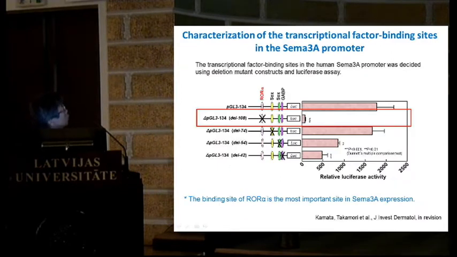The characterization of transcription factor binding sites in the semaphorin 3A promoter. The binding site of ROR alpha is the most important site in semaphorin 3A expression.